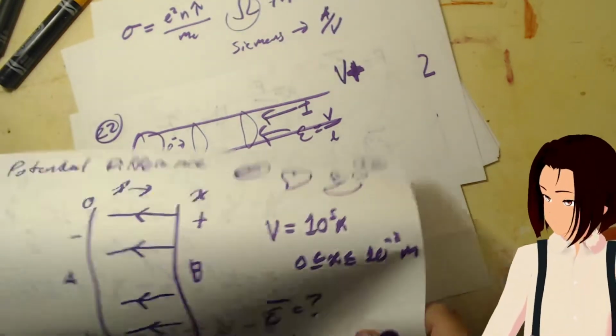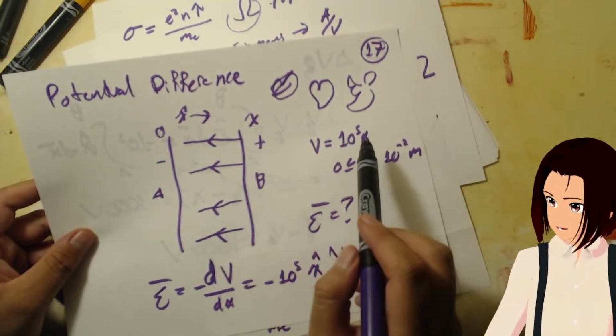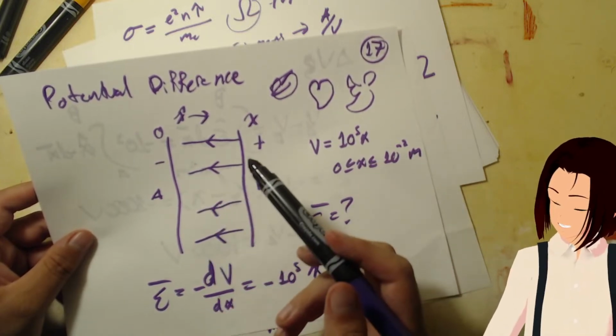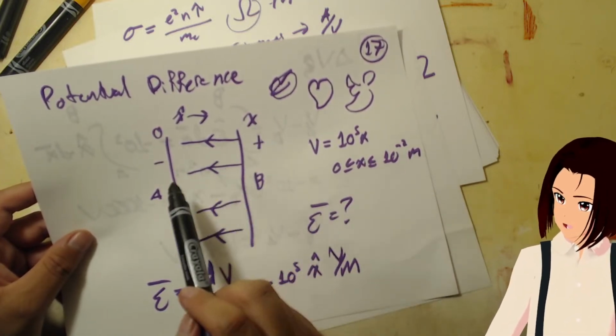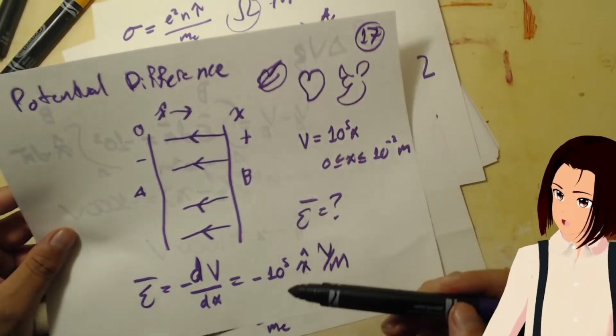So I showed you that this voltage is a function of distance, and it is, because you went from a higher potential to a lower potential. This is like an example, but it does behave that way.